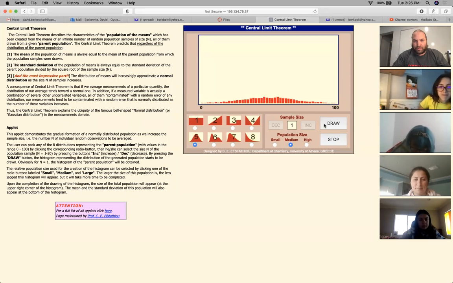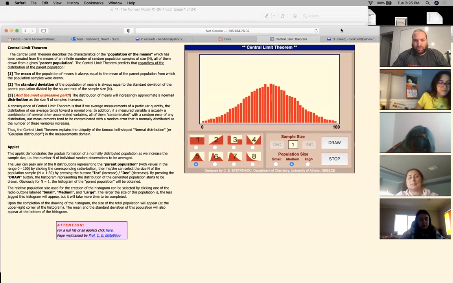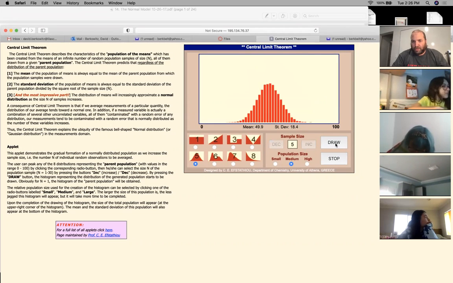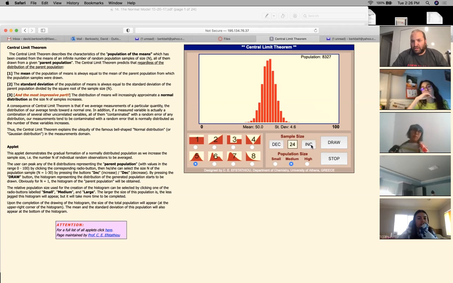This is a distribution that comes from a normal distribution. It's got a nice bell curve shape. If I increase the sample size, it might get a little skinnier, but essentially it's still a normal distribution. As the sample size goes up, the distribution does not really change shape.